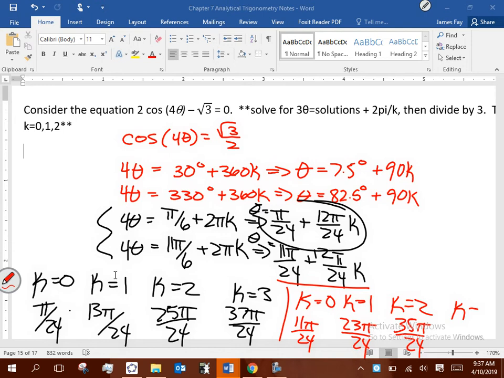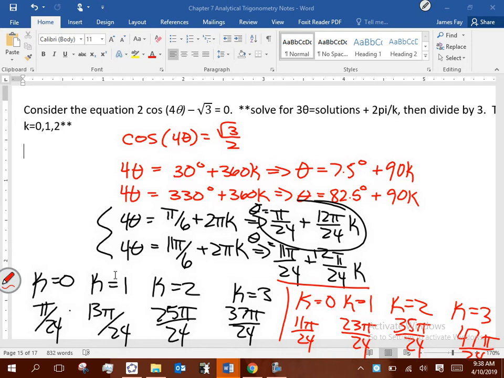And then when k is 3, it's going to be 47 pi over 24. Okay? And I think that's just a lot quicker way of doing the problem. That's why that kind of mental math, guys, I think is one of the reasons, there's several reasons, why we do deal with radians. It's more natural. Okay, simple mental math, that kind of thing.